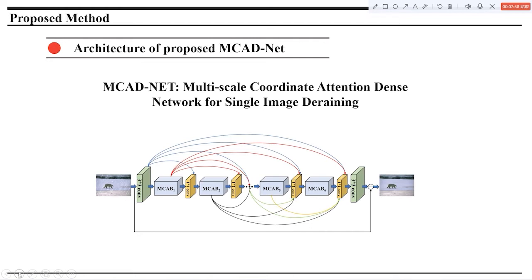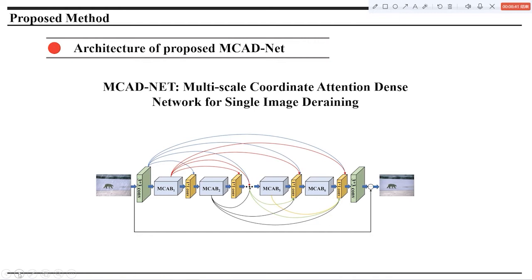Recent studies on single image deraining network design have demonstrated the remarkable effectiveness of channel attention, for example, squeeze and excitation attention for lifting model performance. But they generally neglect the position information, which is important for generating spatially selective attention maps. Therefore, the coordinate attention model is involved in MCAB.